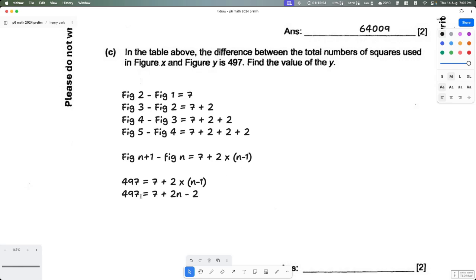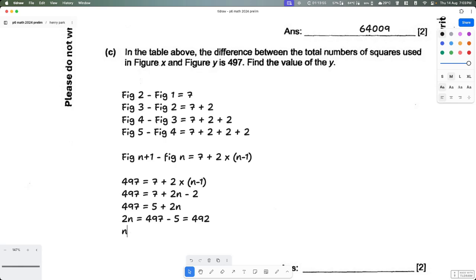So 497 is equal to 7 plus 2n minus 2. So this would then become 497 is equal to 2n plus 5. 7 minus 2 is 5 plus 2n. Okay, and then 497 minus 5 is equal to 2n, which is equal to 492.